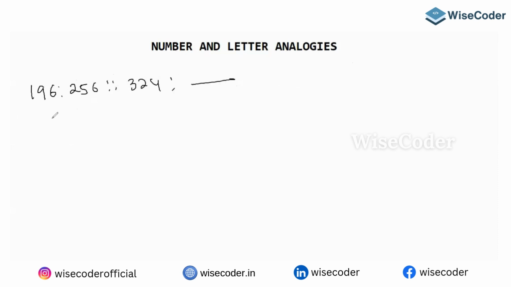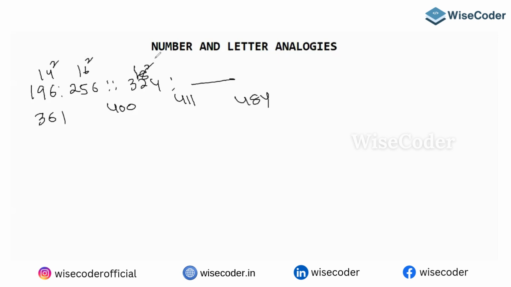Your options are 361, 400, 411, and 484. The moment I saw this, I came across squares. Look at here. This is 14 square. This is 16 square. This is 18 square.